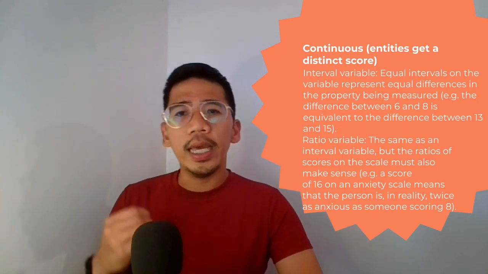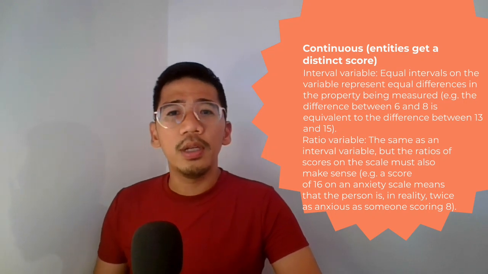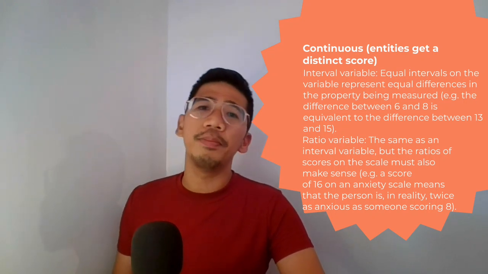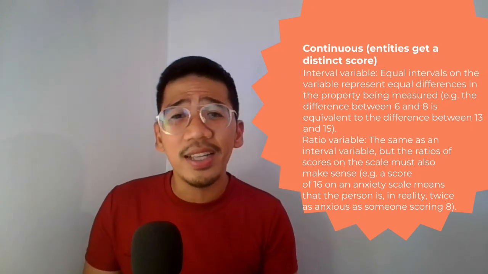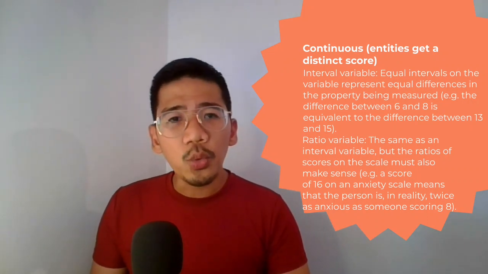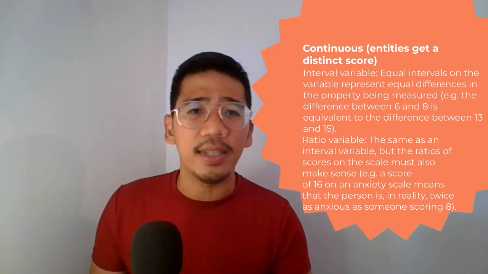But also, it's true that the distances along the scale are divisible. A reaction time of 200 milliseconds is twice as long as a reaction time of 100 milliseconds, and twice as short as a reaction time of 400 milliseconds.